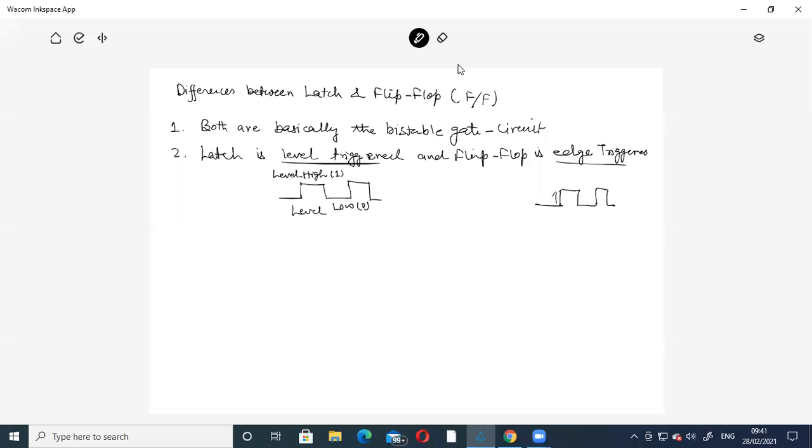So this is known as positive edge, and this one is known as negative edge. This positive edge and negative edge is nothing but this spike, something like this.